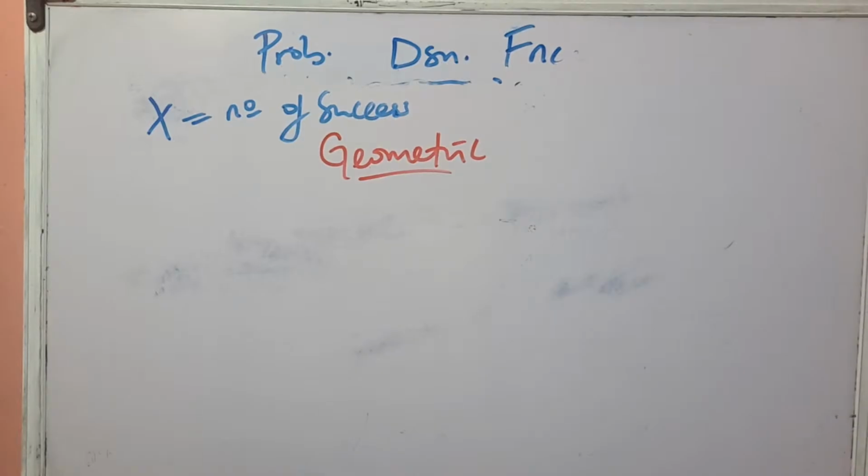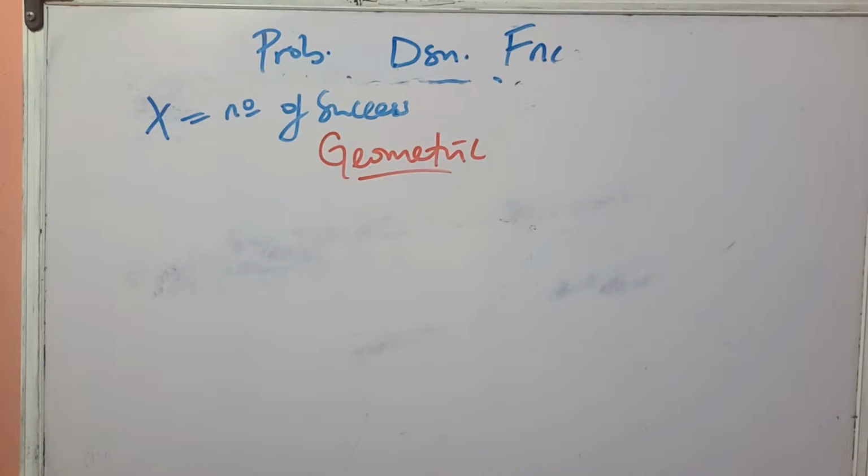Take for instance, you are playing a Ludo game. You needed a 6 to start. When you are tossing the die and you're looking for a 6, what geometric is doing there is to model what's going on. I'm looking at this guy. He's trying to get a 6. He tossed it the first time, the second time, the fourth time. Oh, it took him 6 trials before he got a 6. That's what geometric does.